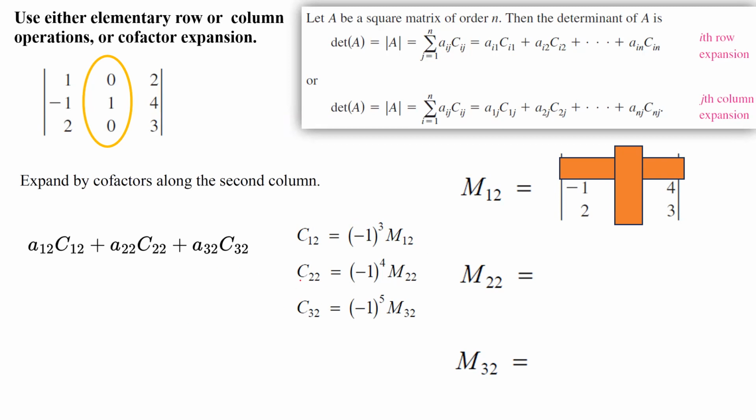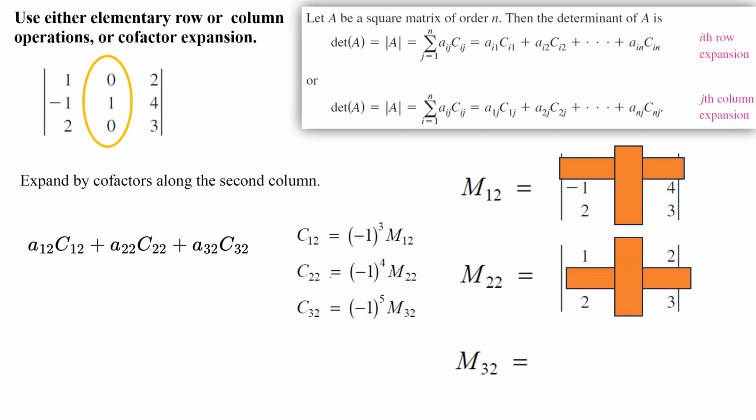Now to calculate the cofactor for the second row, second column, by definition, it is -1 to power 2 plus 2, which is 4, multiplied by the minor for the second row, second column. So let us do the calculation for the minor for the second row by deleting the second row and the second column.